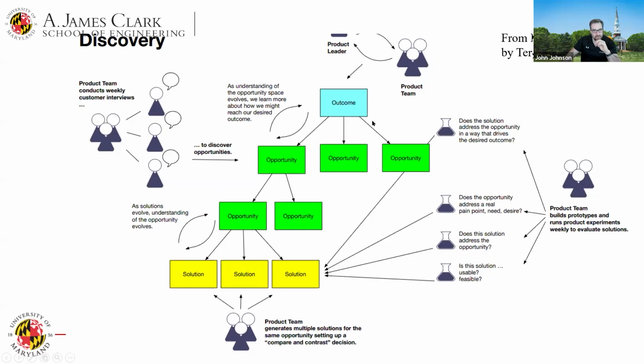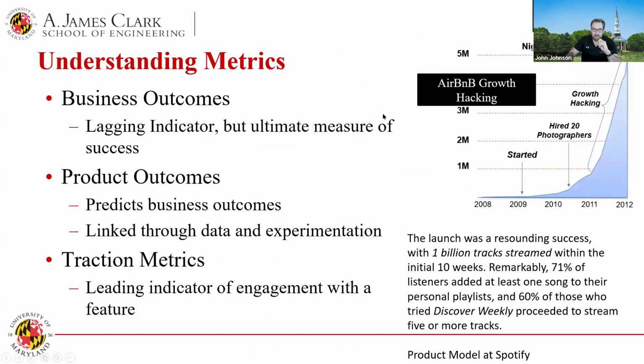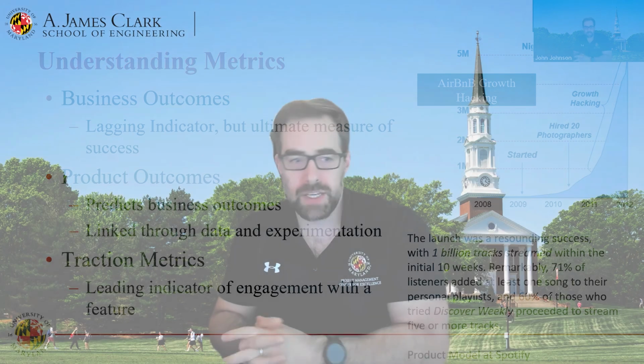So what's really important here is that this outcome that we're going for may be a product outcome, a business outcome. Likely, it's not going to be a traction metric, but it's important to understand the difference between those. The business outcome is a lagging indicator, but it is ultimately our number one measure of success, such as the number of purchases or the revenue per month or the revenue per customer.